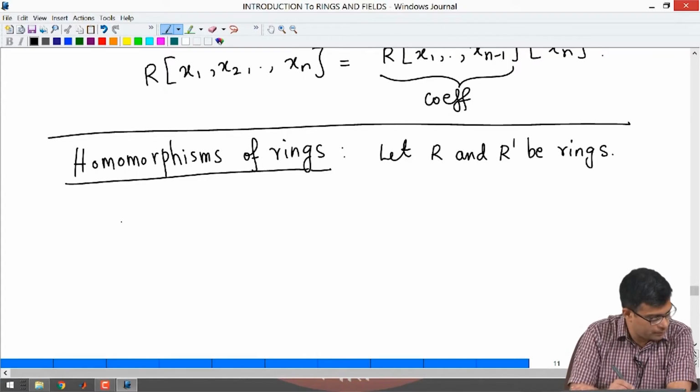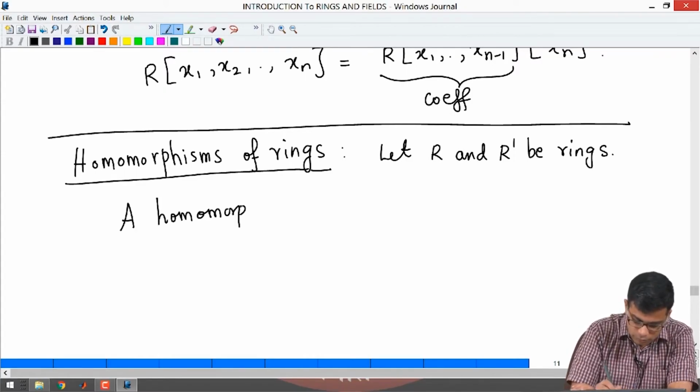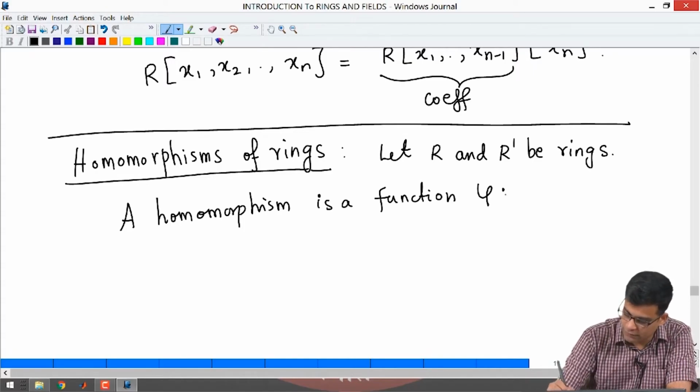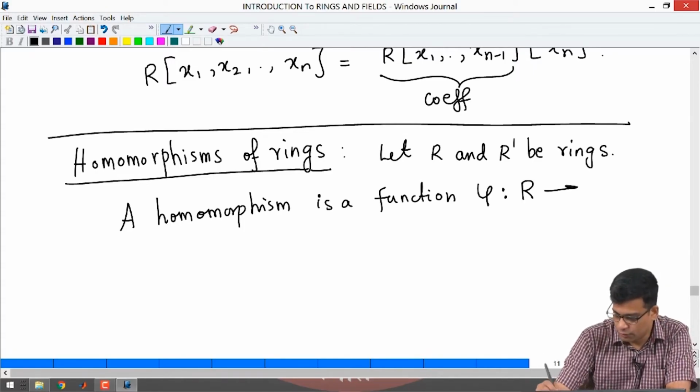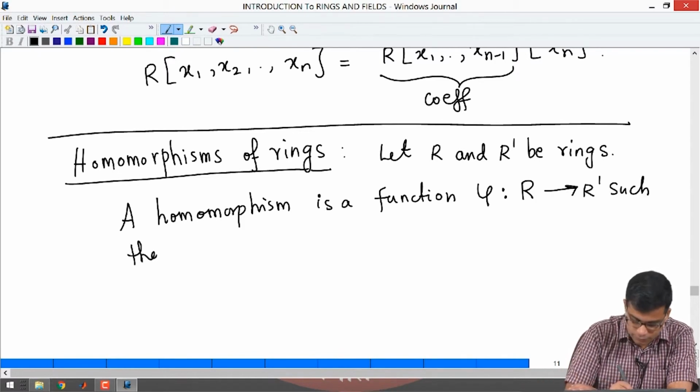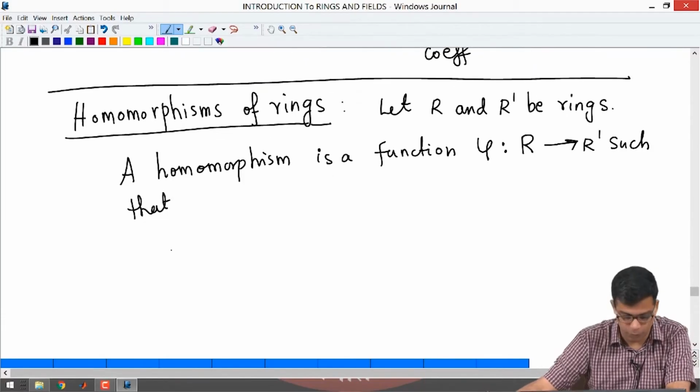So, what is that? A homomorphism is a function, let us call it phi from R to R prime, such that it has the following properties.